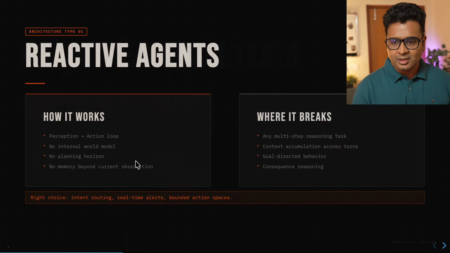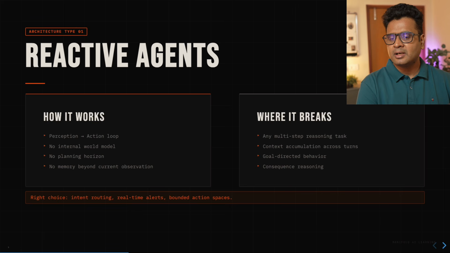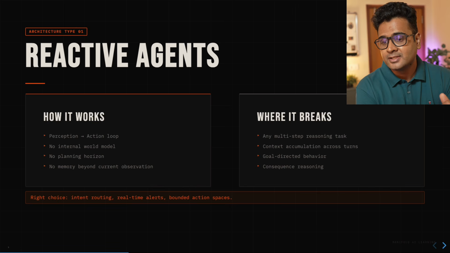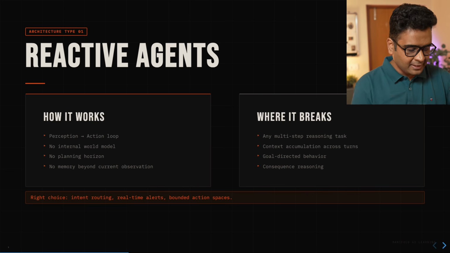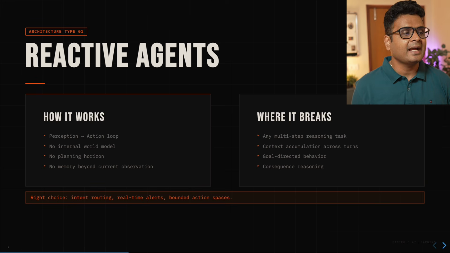So let's talk about the reactive agents. Let's get a precise understanding of what each type of architecture actually means in the context of an agent system. Specifically for LLM based agents, the reactive agent operates on a perception-action loop.